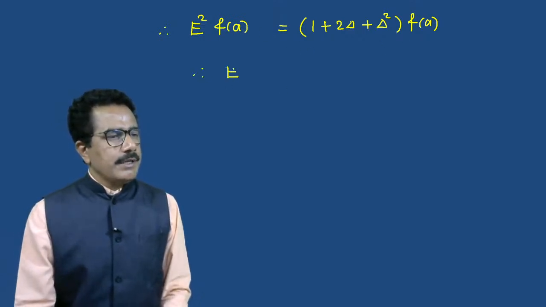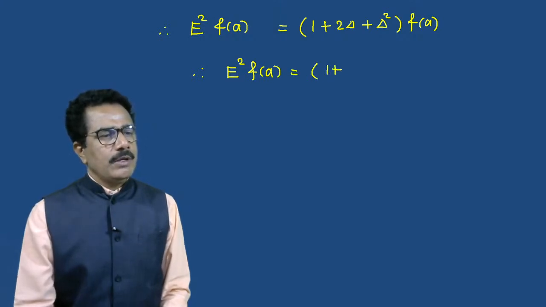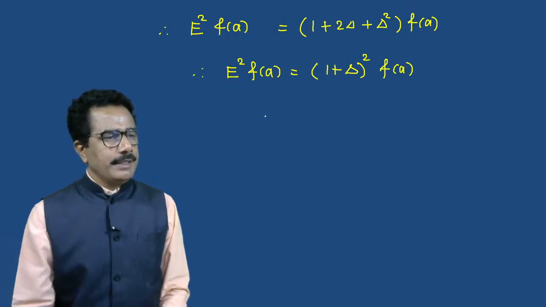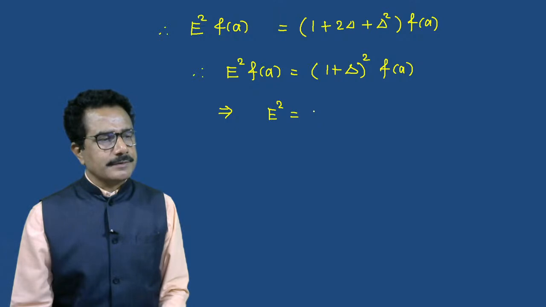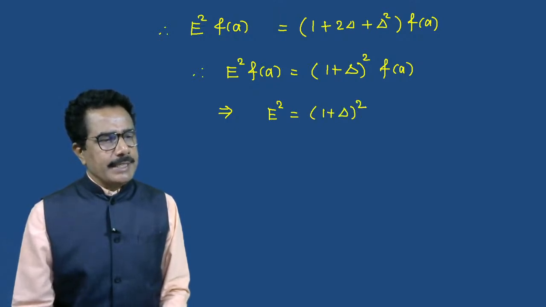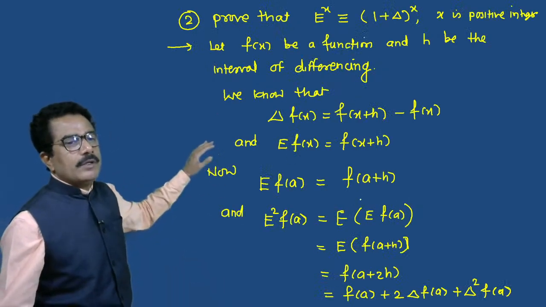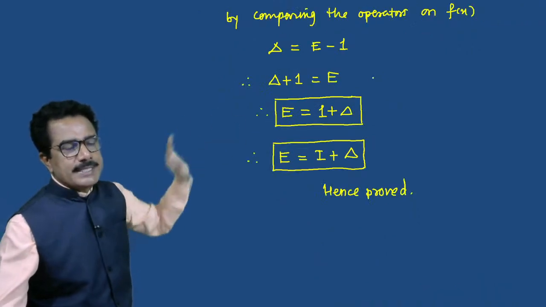That means E square of f of a is equal to (1 plus delta) whole square f of a. This implies that E square is equal to (1 plus delta) whole square. But we know that we have already proved that E is equal to 1 plus delta.